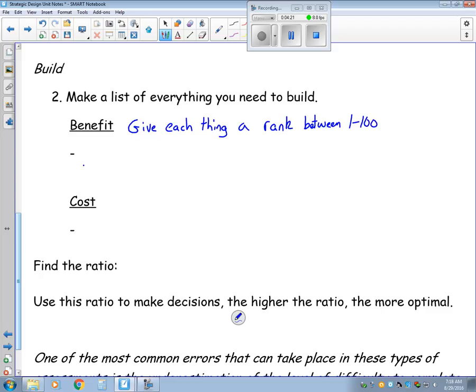So a 100 means that you must build it. Once again, a 1 means it's not important.